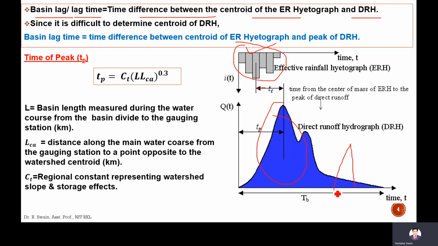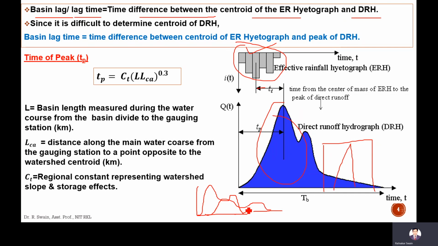If it is triangular or rectangular, the centroid can be easily determined. But usually hydrographs are of irregular shape, not a particular shape like rectangular or triangular.